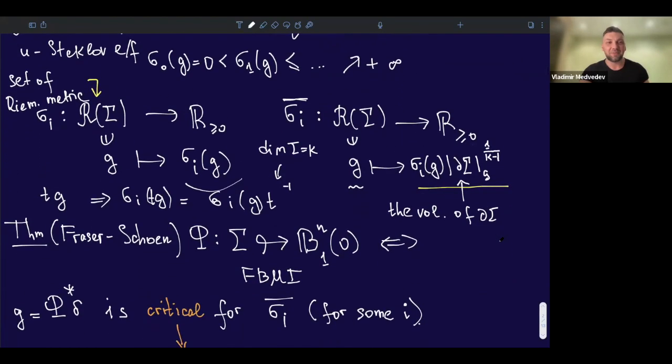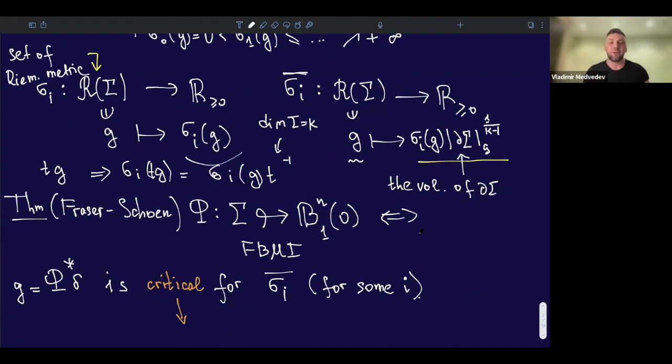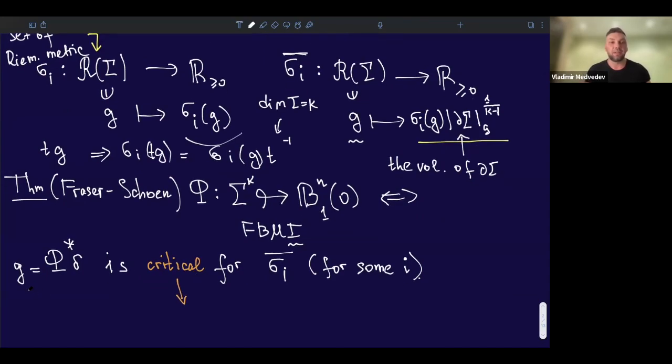And Fraser and Schoen prove a very nice theorem, which roughly speaking says the following. If phi is a free boundary minimal immersion of a k-surface with boundary into the unit Euclidean ball, then it happens if and only if the induced metric g is critical for the functional sigma i bar for some i. We don't know which exactly i.